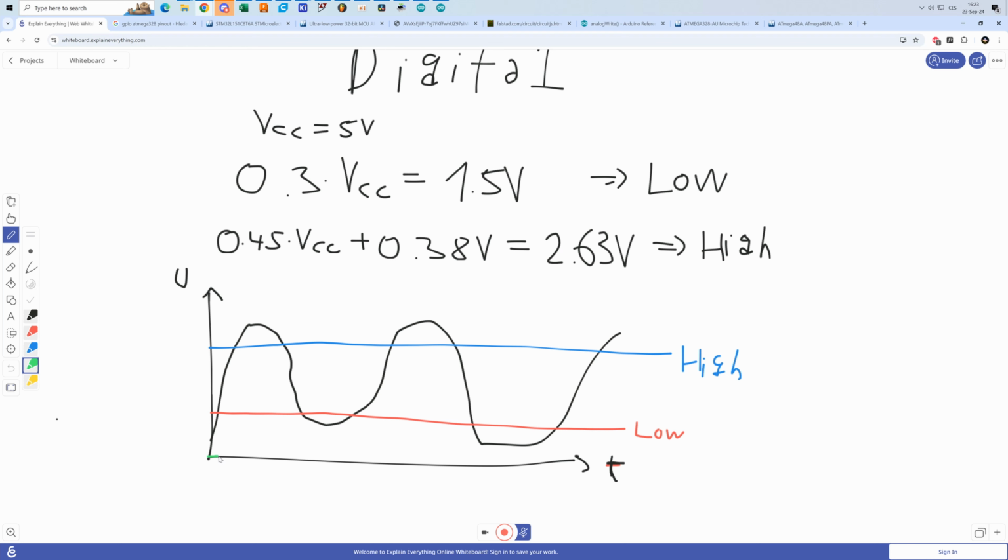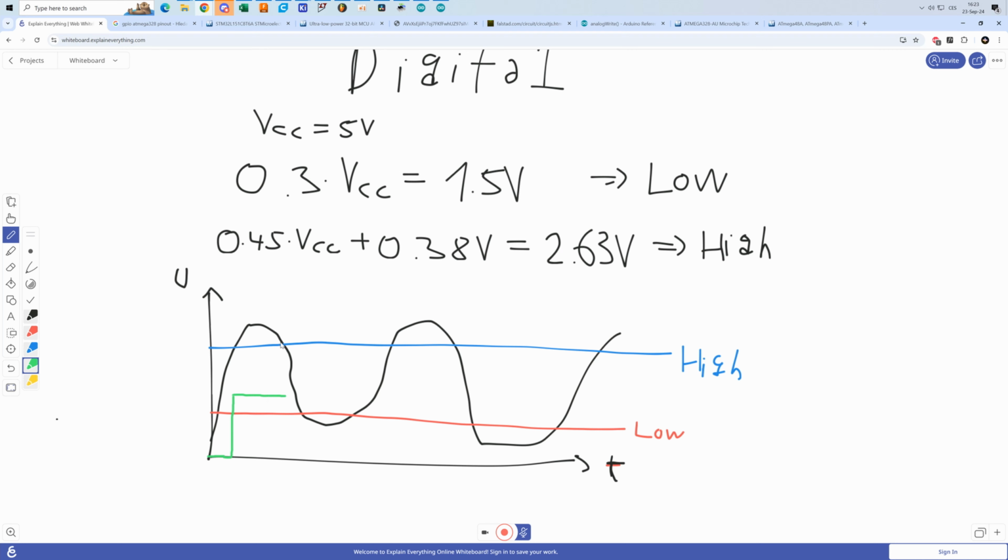So the output will be low. And then what must happen, in order to change the state of the pin, is that we must cross this high threshold. So all the way here, it will cross the threshold, and the logic will now be considered as high.